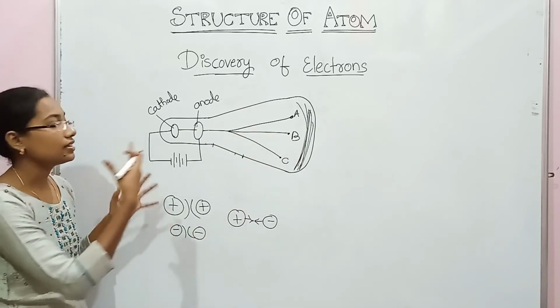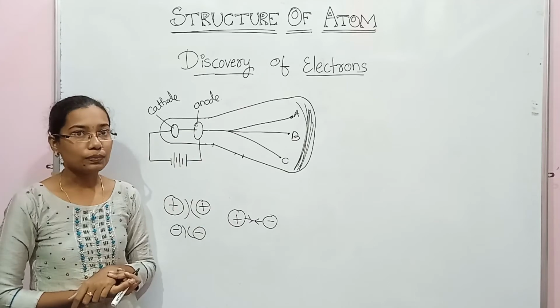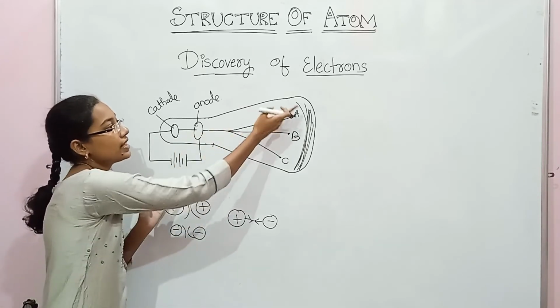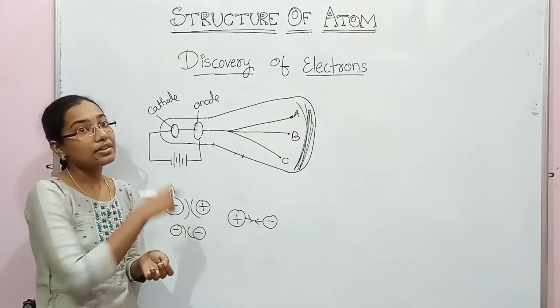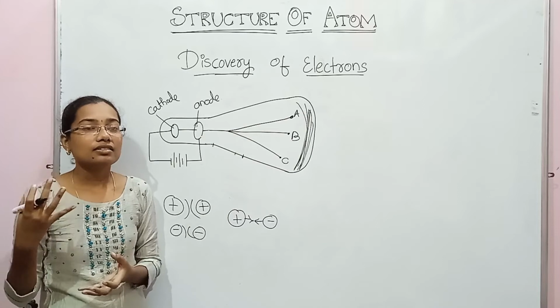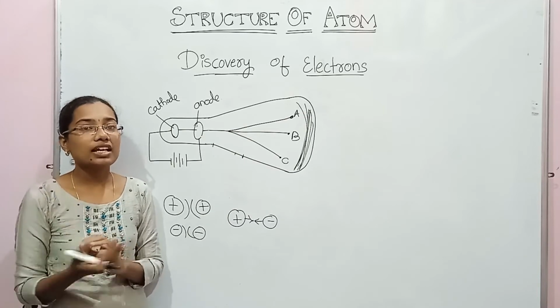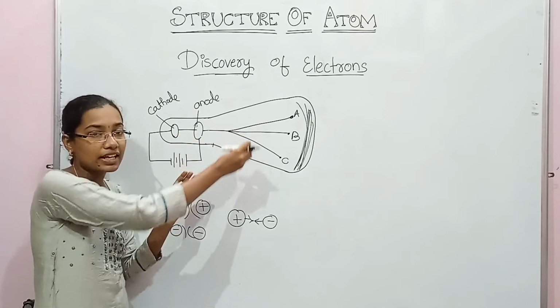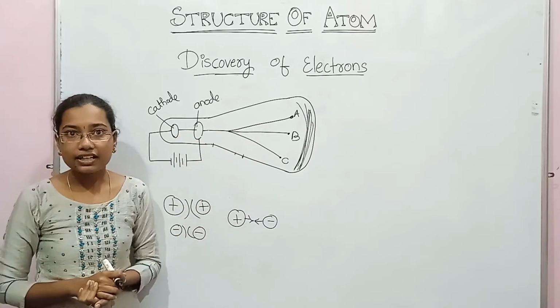So by this observation, what did he get to know? Here, the electrons, the rays, are deflecting towards the positive ends. When they are deflecting towards the positive ends, what do you think the charge of that moving particle should be? It should be negative, right?